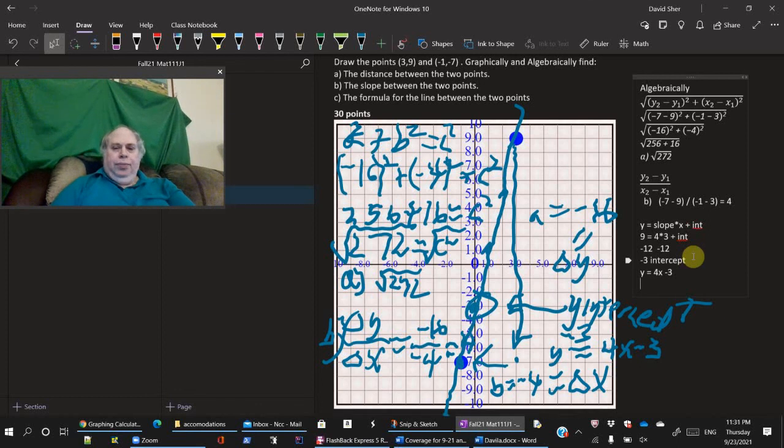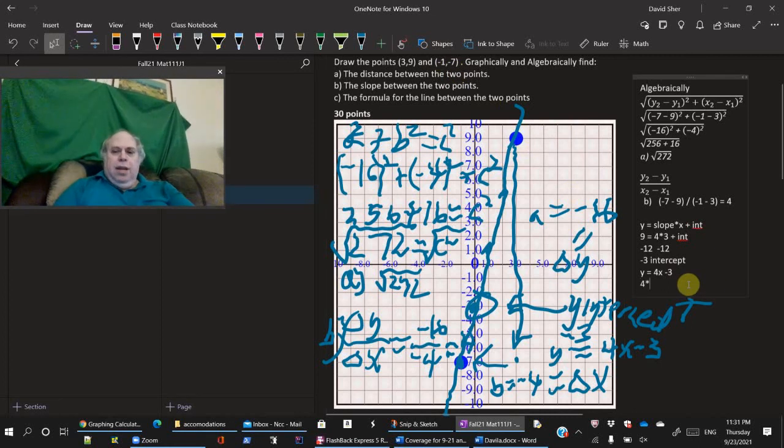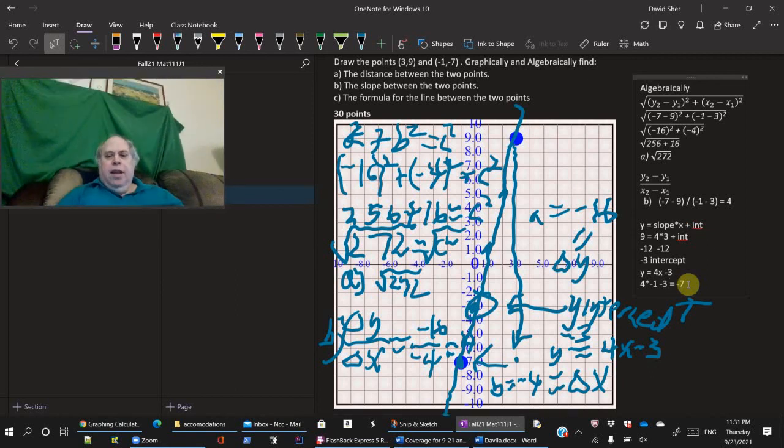Now, the final part is we want to do a little check on this. So I'm going to use -1, -7 to check. When I plug in -1, I should get -7. So 4 times -1 minus 3, and I plug that into my calculator, is -7, and that's a check.